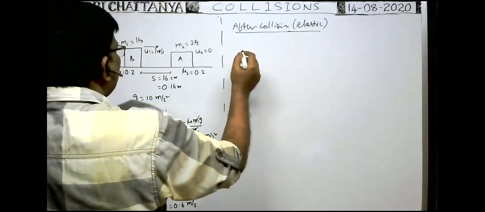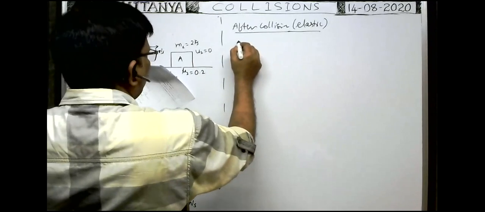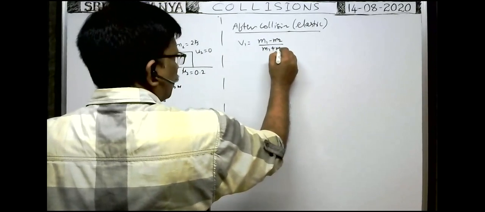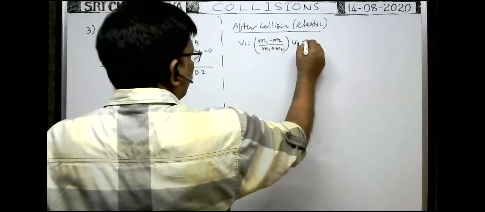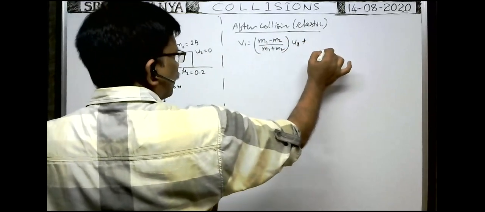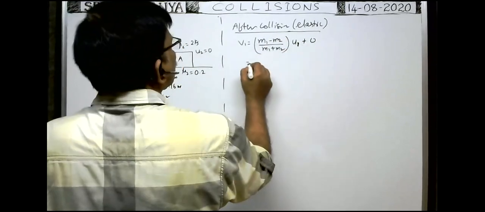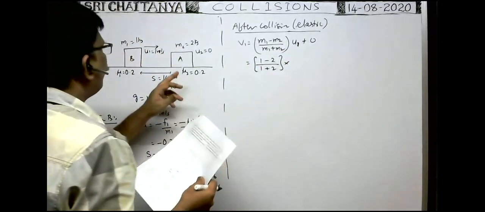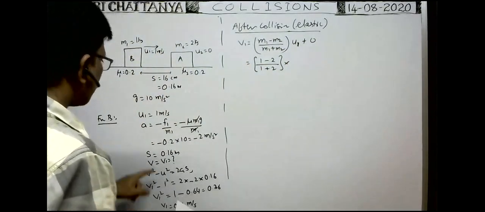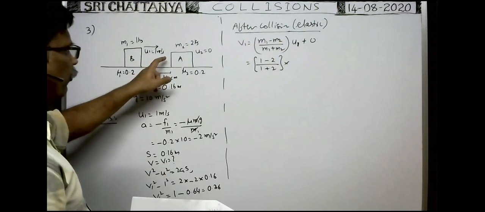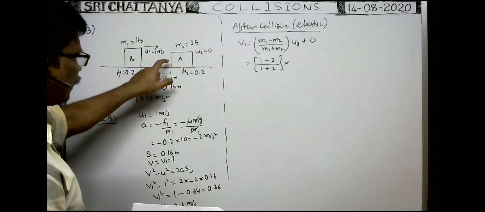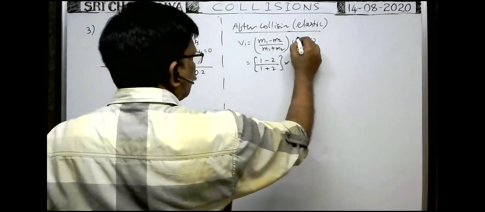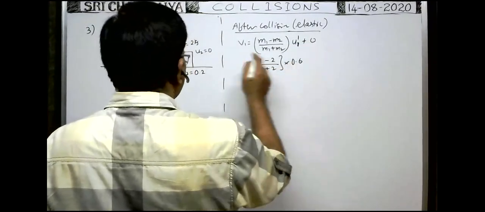the velocity of this first body, B, v1 is equal to (m1 minus m2) by (m1 plus m2) into u1, plus 2 m2 by (m1 plus m2) into u2. u2 is 0, that's why that term is 0. So you substitute the data: m1 is 1 minus m2 is 2, by 1 plus 2, into u1. Before making collision, the velocity of this body before it reaches the point is say u1 dash, so you write u1 dash here. u1 dash means 0.6 in this direction only.